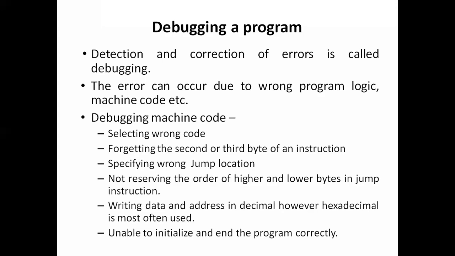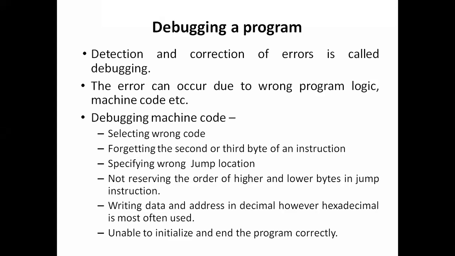The next reason in debugging of the machine code is not reversing the order of the higher and the lower bytes in the jump instruction. Whenever you are writing a jump instruction like jump 8070, it means you want to jump to the memory location 8070. So whenever you are writing this particular instruction into the memory, first of all, you have to write the hex code of jump.